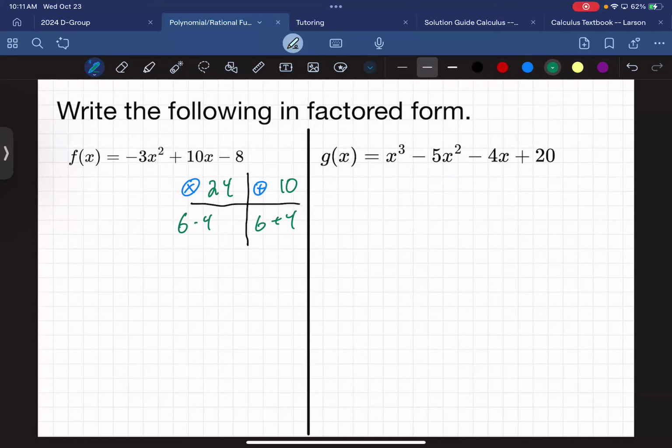I don't want to spend time on the grouping aspect, but this is where I would have said to break up the 10x into 6x and 4x and use grouping. If you need that, make sure you fill it in. This gives us 2 factors, and we know it's 2 factors because the degree of the polynomial is 2, that highest exponent. With that in place, my factors need to look something like this.